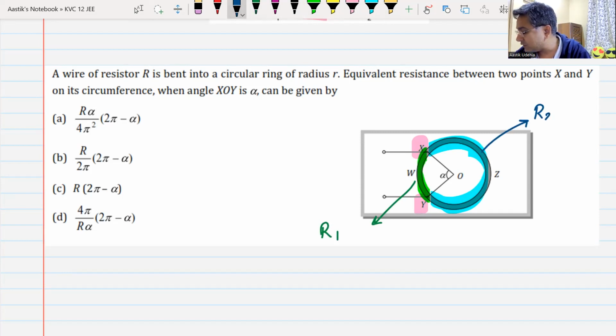Can anyone tell me what is the value of R1 and R2? If I call the green one R1, and the blue one R2, what is the value of R1 and R2? How will I find it?